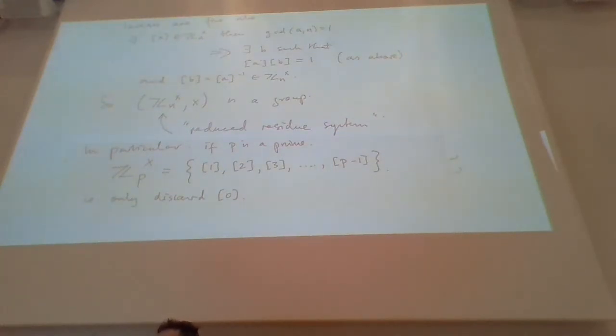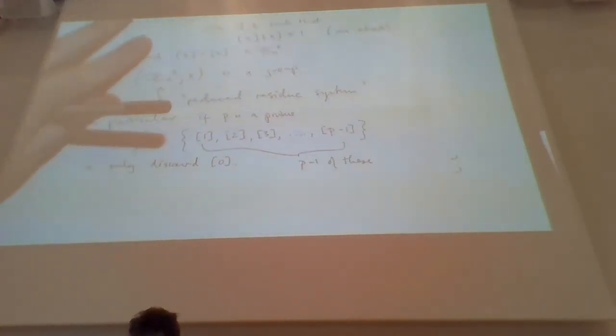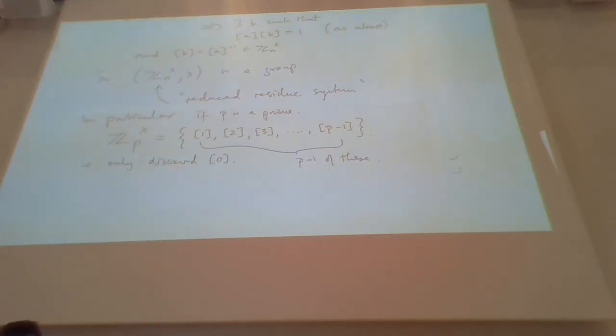Okay, so when P is prime, there are P minus 1 of these. When P is prime, these are special interesting cases. Okay, so we'll investigate these things further with some exercises and problems and examples in the tutorials this week.